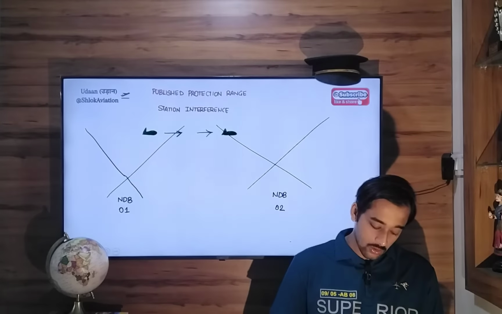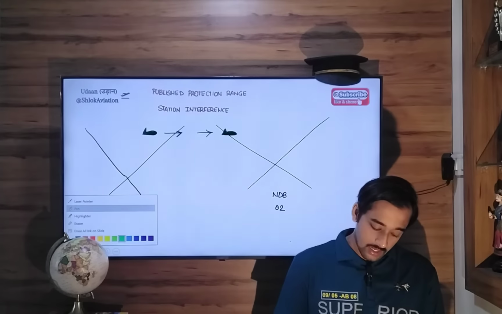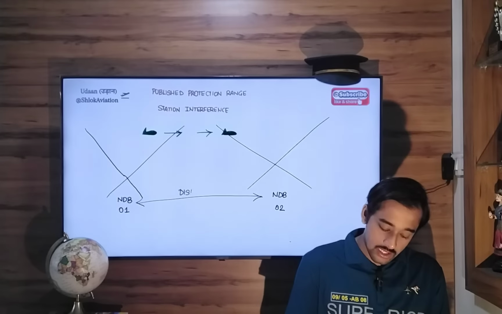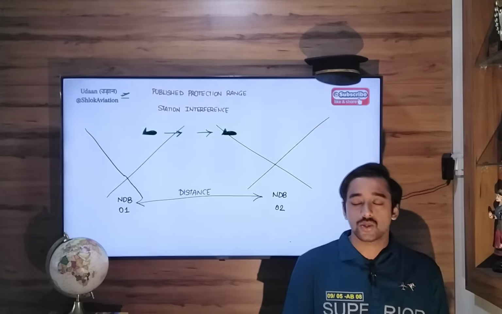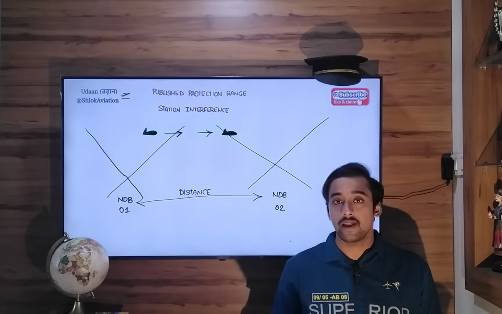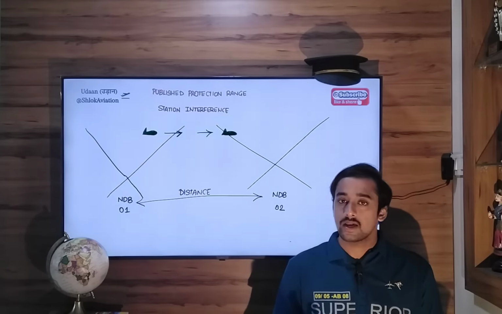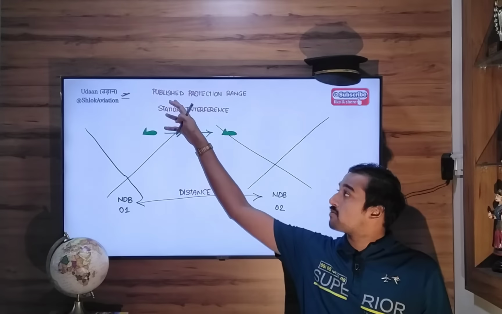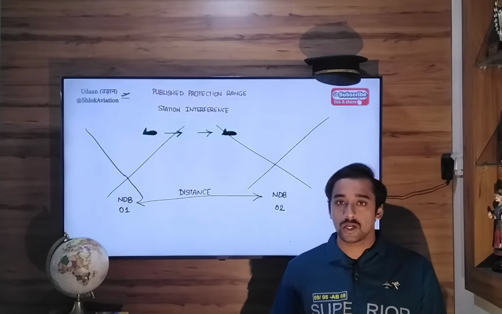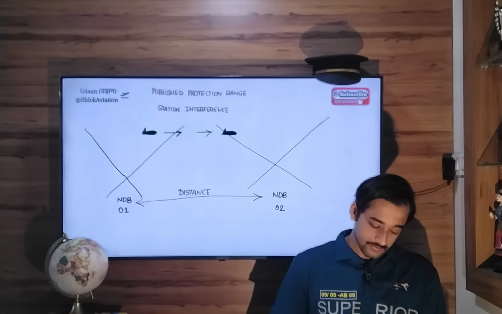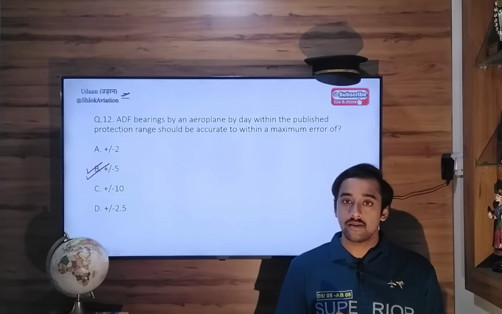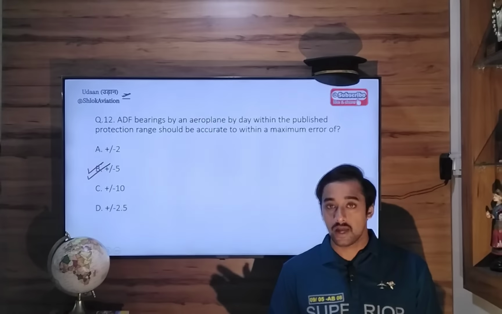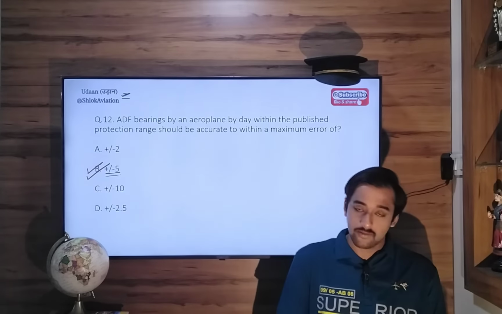And that is why, to prevent this from happening, the stations are separated by some distance from each other. Okay, so that there is no interference. They should not be very close to each other. There should be sufficient distance between the two NDB stations. We call that published protection range or designated operational coverage. So that is the thing. And during daytime, the maximum error permissible is plus minus 5 degrees.